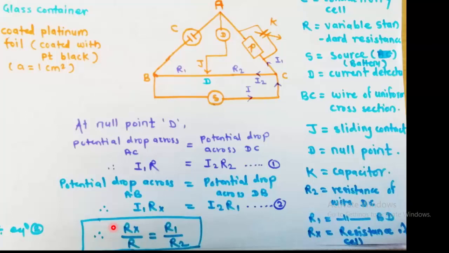In this way the conductance is determined. If we know the resistance, then we can calculate conductance. When we know the conductance, we can calculate specific conductance and then equivalent conductance.